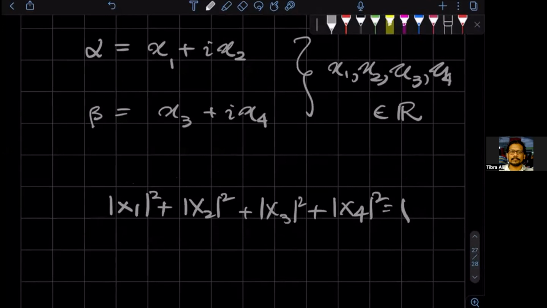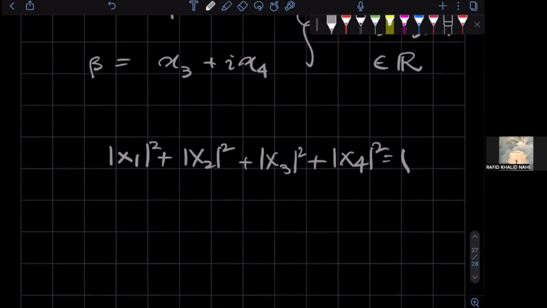What is the dimension of the sphere? 3. So this describes an S3. Therefore, we have established that the parameter space of SU2 is a 3-dimensional sphere.